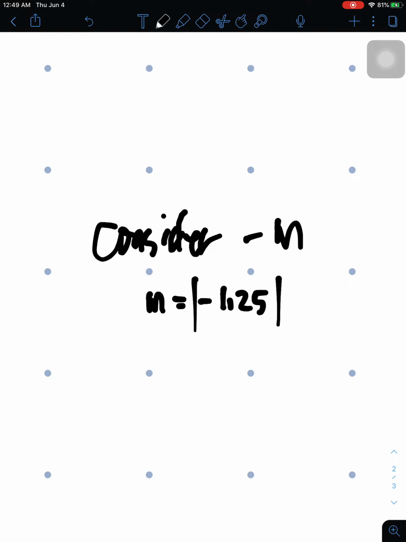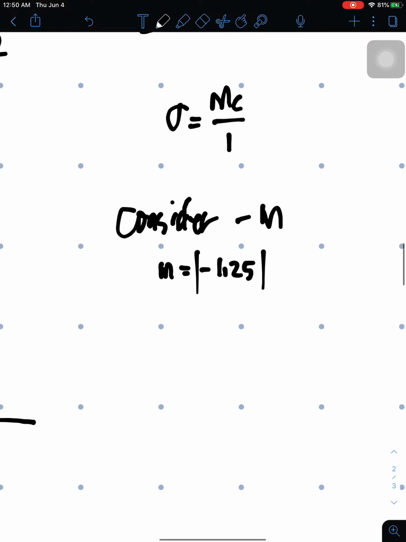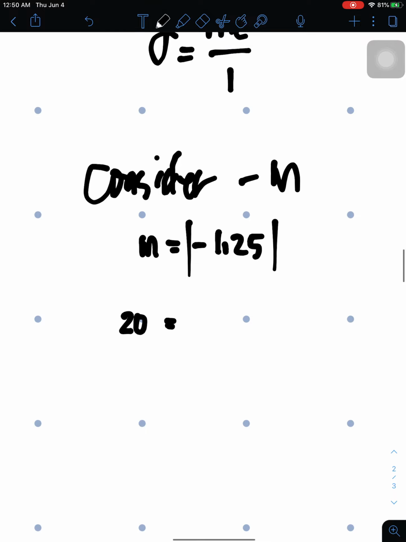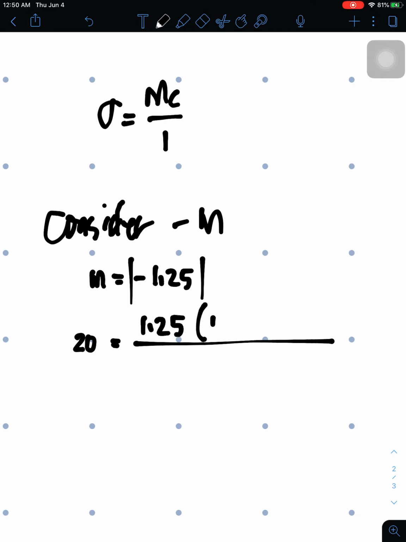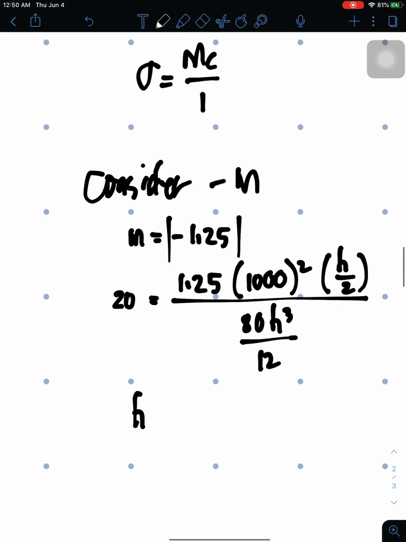As I said earlier, you just get the absolute value and substitute it into Mc over I. So the same again, our flexure is 20 equal to 1.25 times 1,000 squared times H over 2 divided by 80 H cubed over 12. So we can solve for H with this.